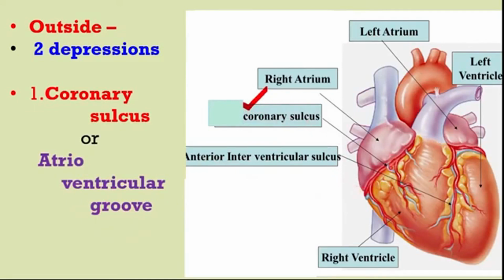It is a deep transverse groove that separates the upper chambers of the heart, atria, from the lower chambers, ventricles. So atria and ventricles are separated by a deep transverse groove known as coronary sulcus. It is also known as atrioventricular groove as it separates the atria from the ventricles.